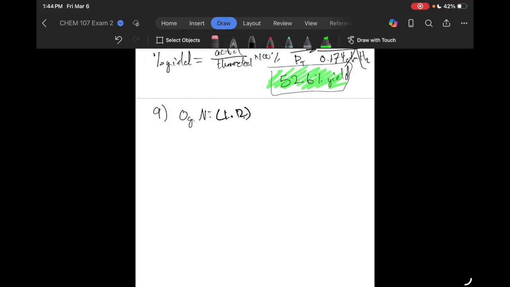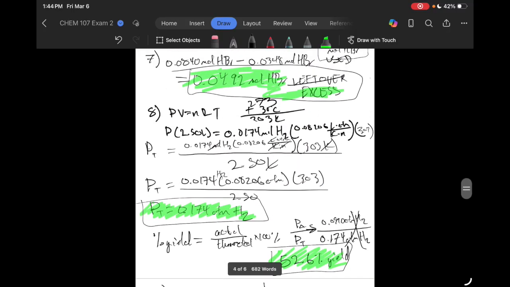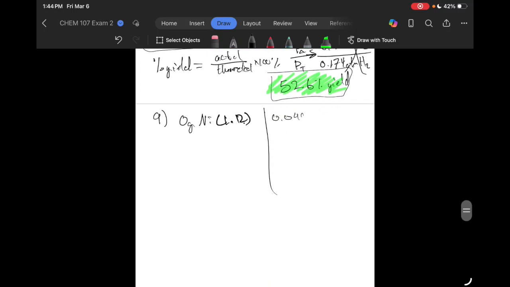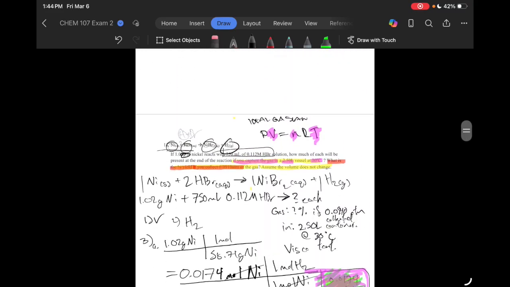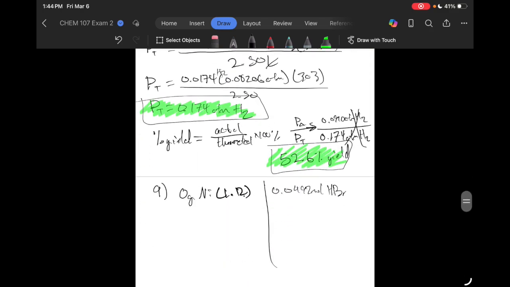Now, before you write this down, remember, what state of matter was HBr given in? And that would be aqueous. It was given as an aqueous solution, which is expressed in terms of molarity. So we need to convert this number into the molarity of an HBr solution.